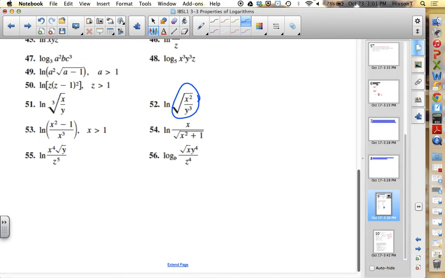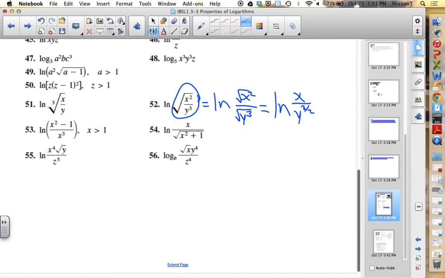Remember, if you have a fraction inside a square root, you can simply square root the numerator and square root the denominator. So now we have the natural log of the square root of x squared over the square root of y cubed, which is just x over y to the 3/2 power.